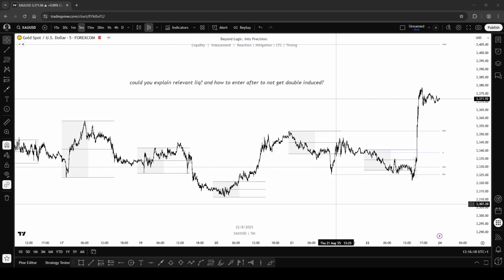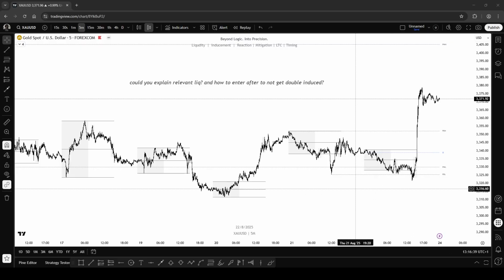Thank you. So basically, everything is liquidity in the market. Any pending orders can be buy stops, sell stops, buy limits, sell limits, stop losses. Everything is liquidity. So what we are doing in liquidity trading is identifying manipulation, so big players getting involved in the markets.